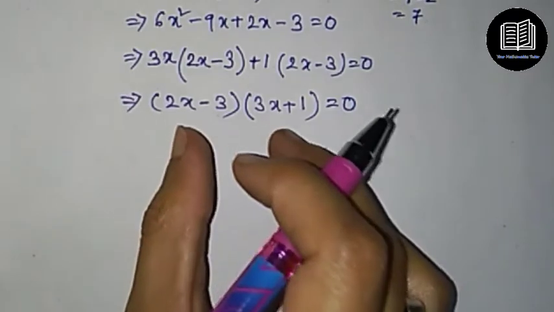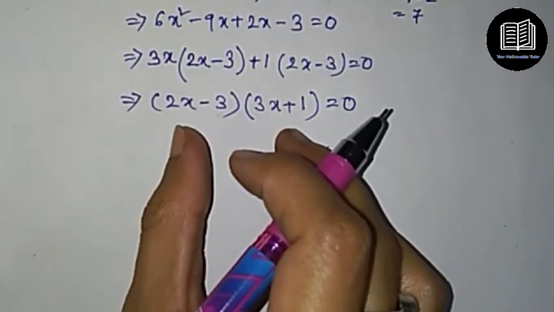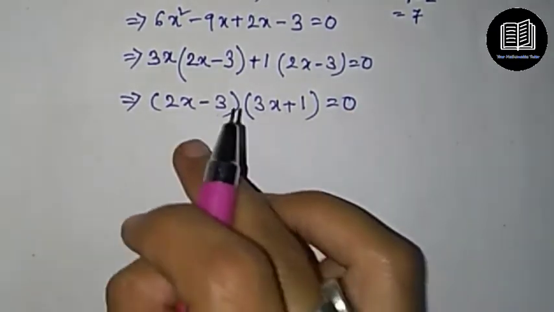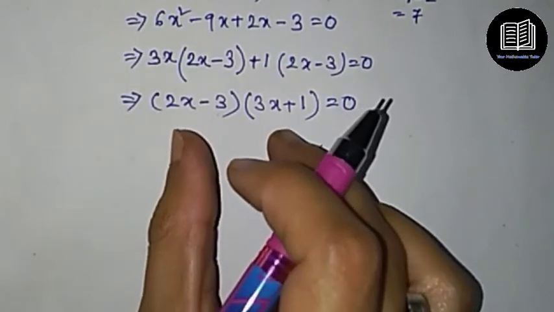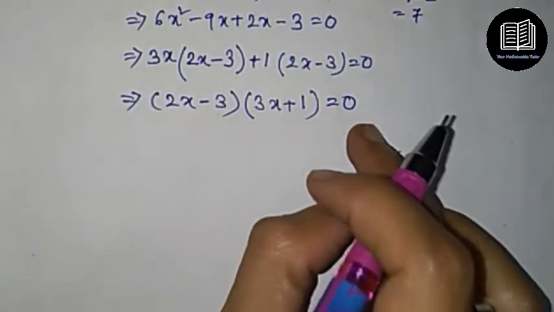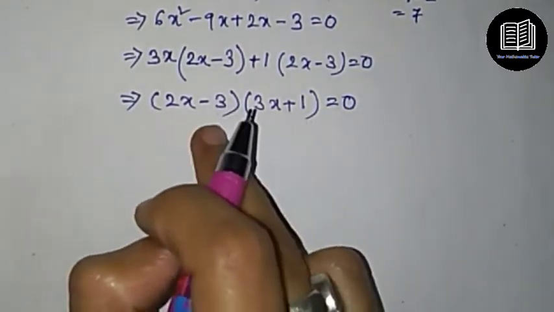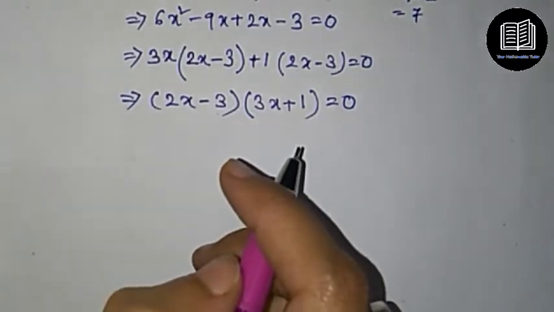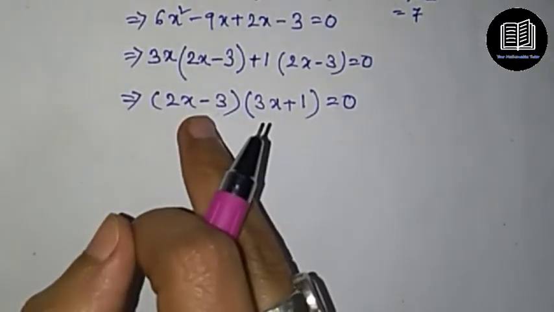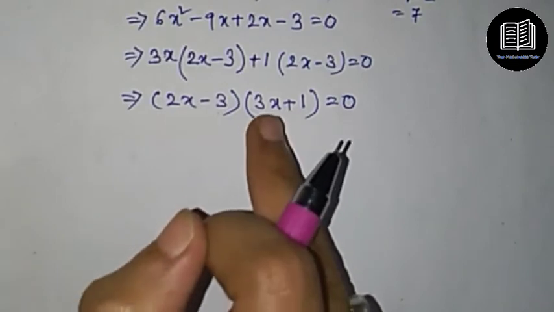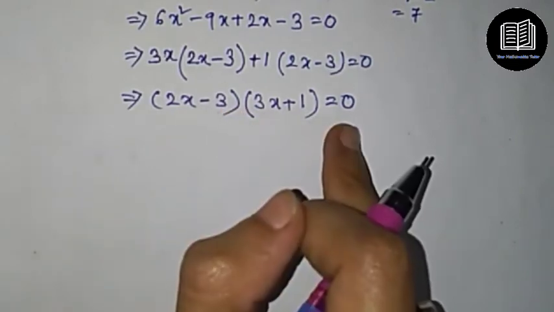Right? That is, the multiplication of two terms is 0. If the multiplication of two terms is 0, that means one of these terms must be 0. Right? If one of these terms is 0, then the multiplication will be 0.